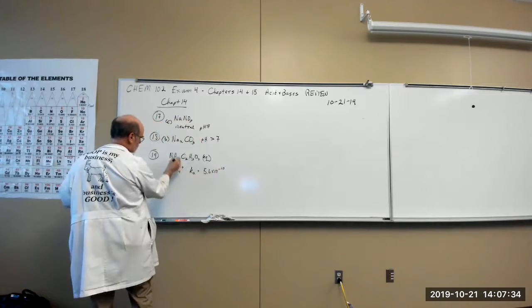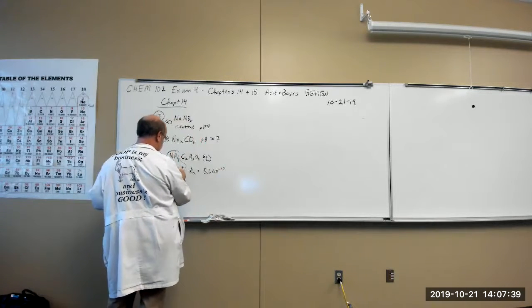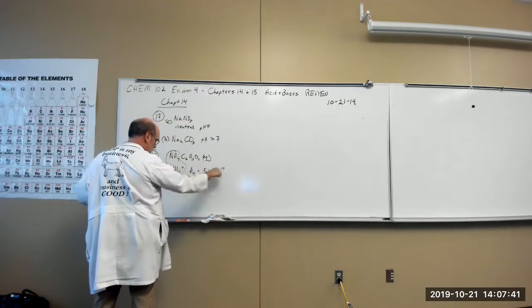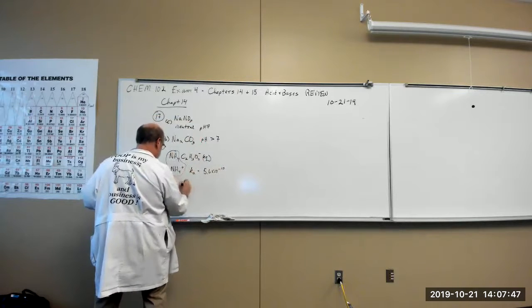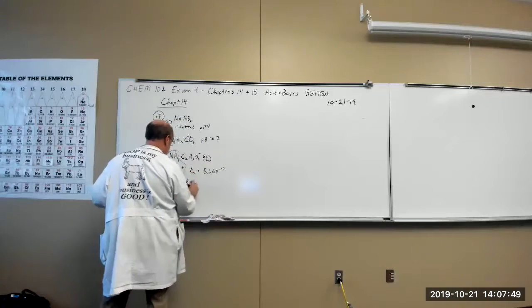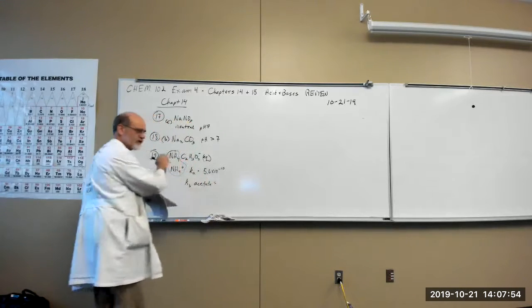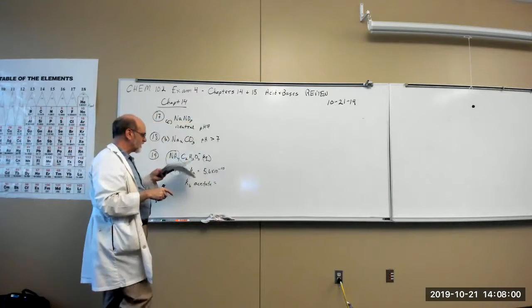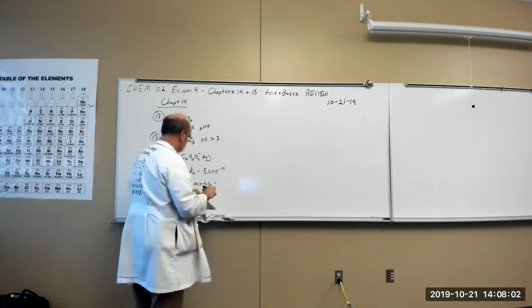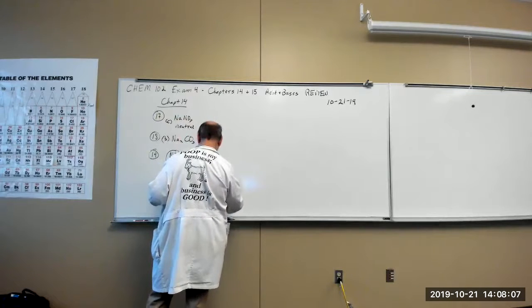Because this is the cation, so it's now an acid, right? So it's a Ka, and this one is the acetate ion. So we need to know the Kb of that one because it's going to interact with water and produce acetic acid plus OH. So we need the Kb for this one. We got to find out which one wins. 5.6 times 10 to the minus 10.